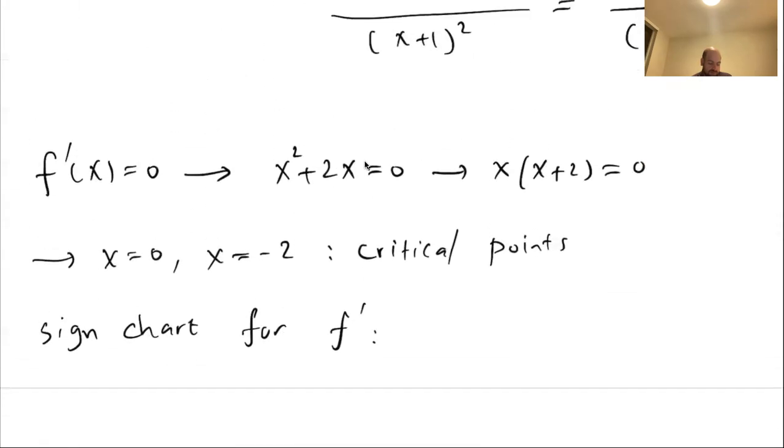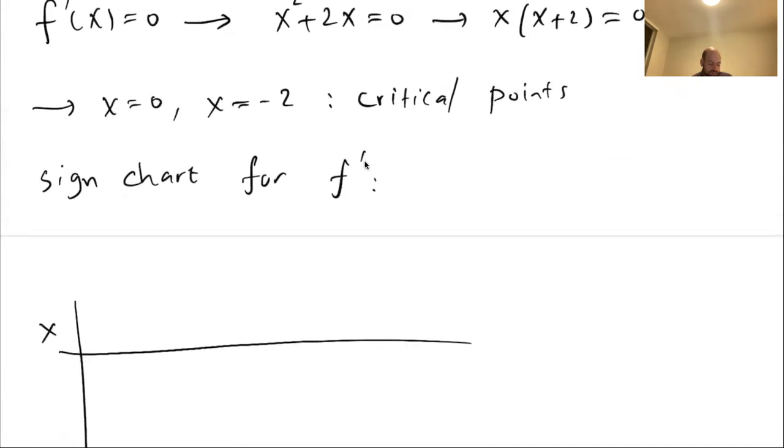So the 0 of the denominator is minus 1. So minus 2 is the smallest number. We have to list them in order. Then minus 1, and then 0. F prime here, f here. F and f prime both are undefined at minus 1 because remember, minus 1 is the 0 of the denominator.